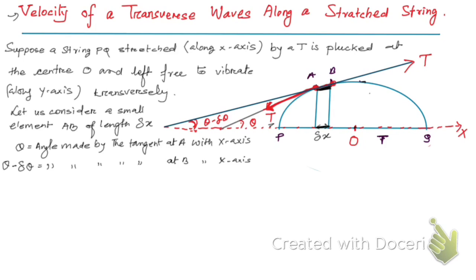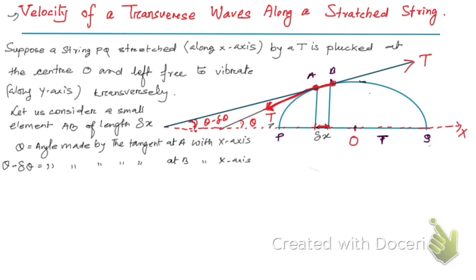I have considered this length is delta x, which is approximately equal to this. Now as this AB segment is very small, it must be equal to this part. So that means these two are equal.